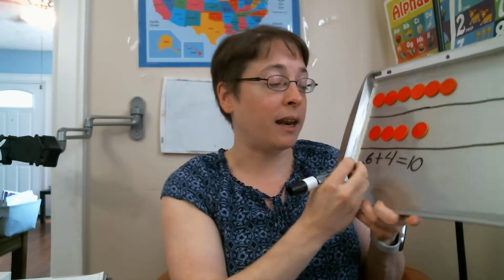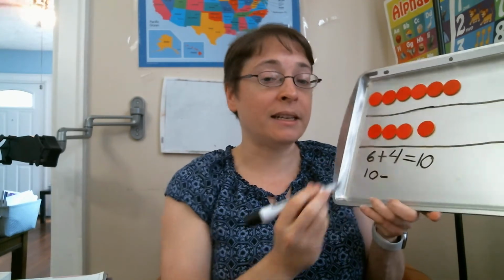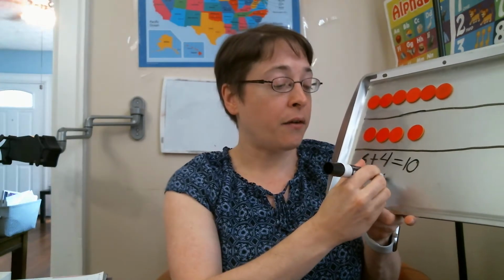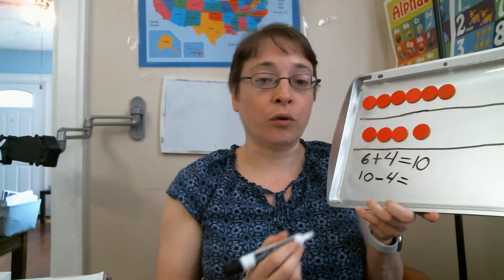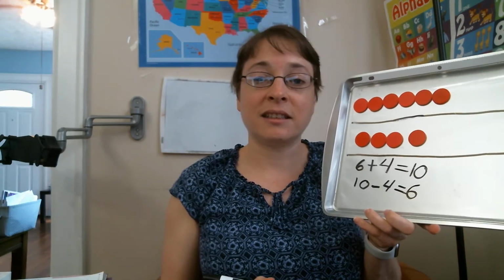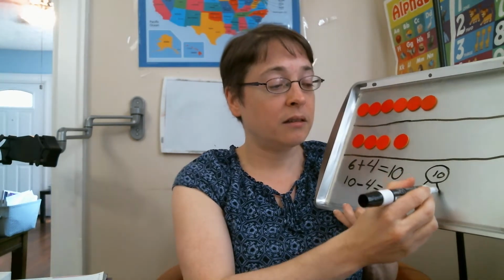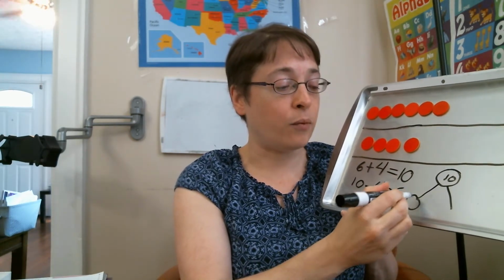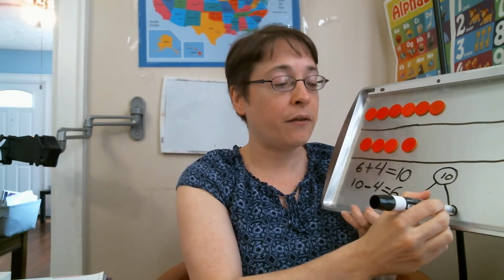So 10 minus 4 equals 6. And we can make our number bond. So we have 10, and then we have 6 and 4.